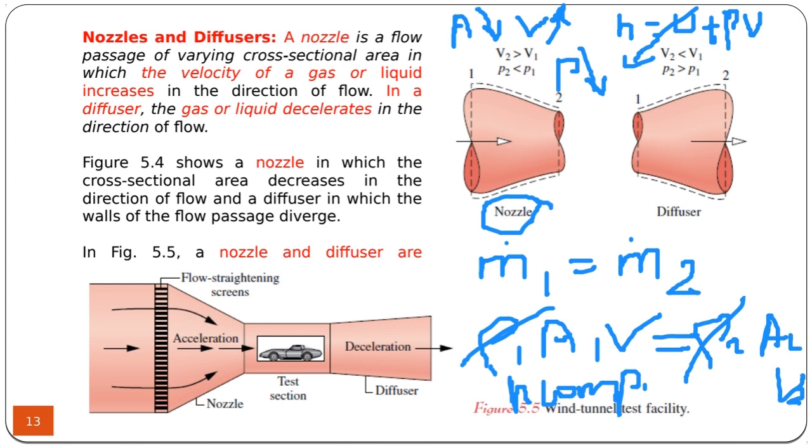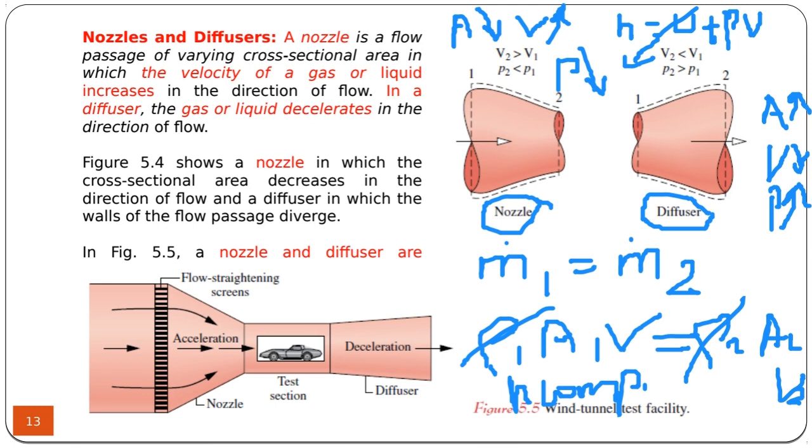The opposite of a nozzle is a diffuser, in which, as you can see, the exit area is greater than the inlet area, which means as the area becomes greater, then velocity must be smaller, which requires, according to the conservation of energy, pressure must increase.